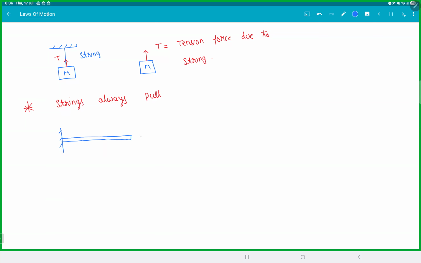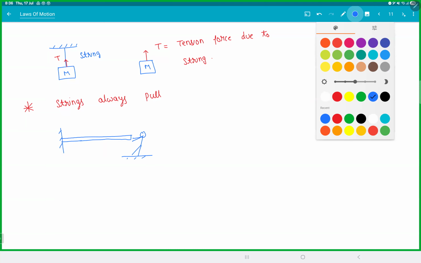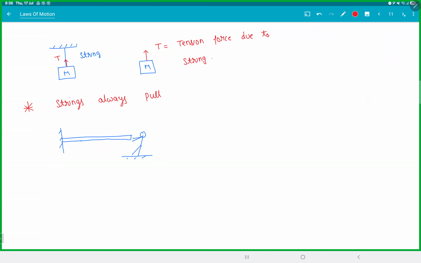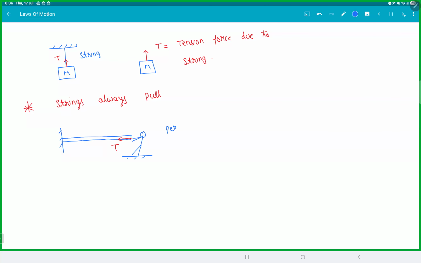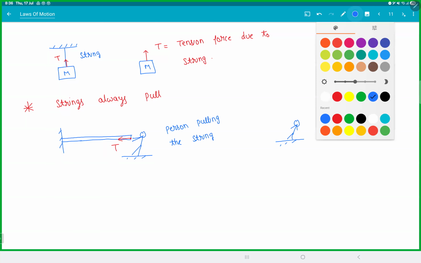So if you have a rope like this, and let's say you're holding it and pulling it. If you pull, the string will pull you back.